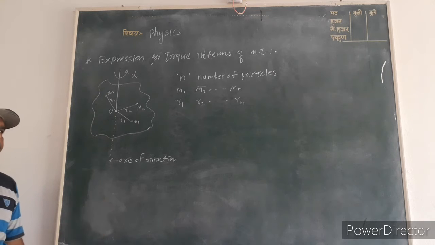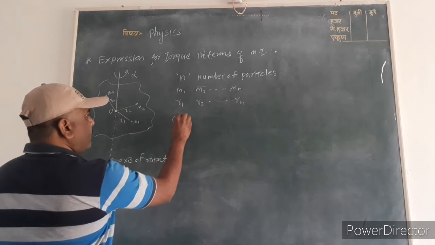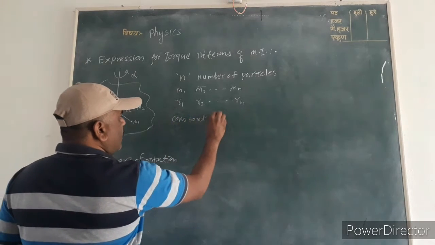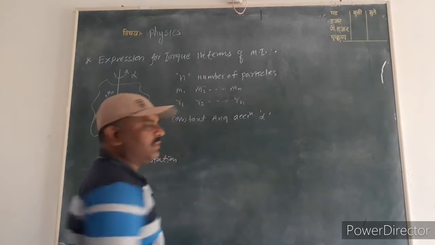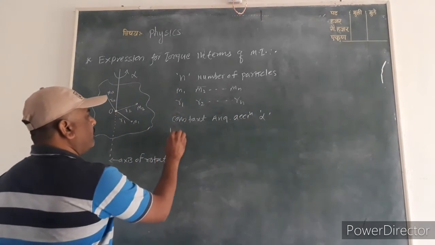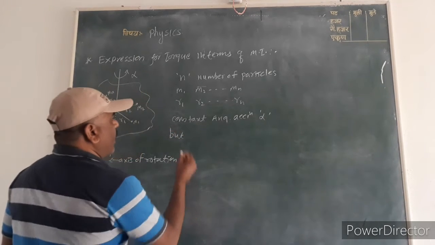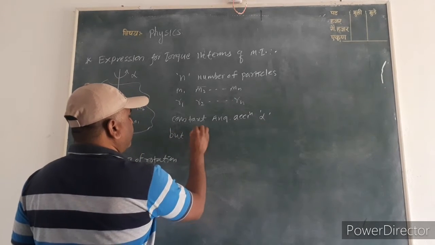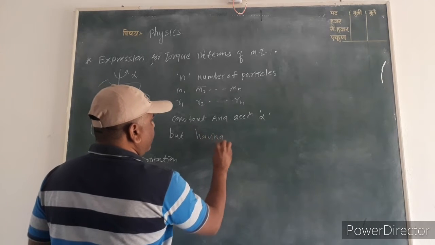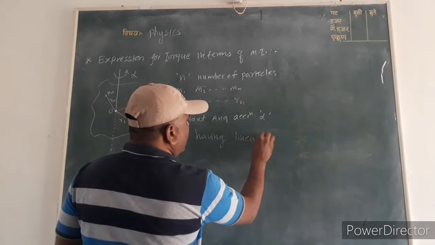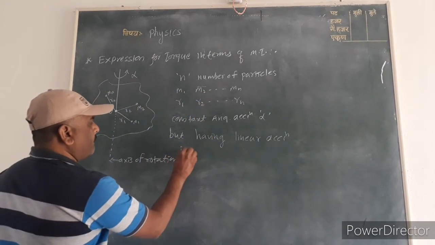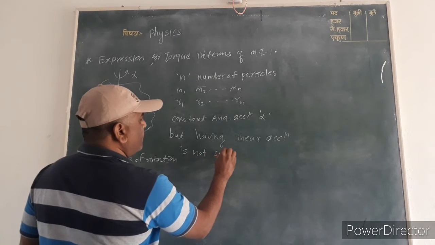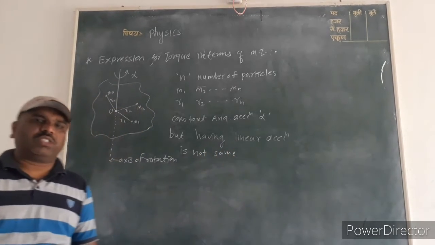This rigid body rotates with constant angular acceleration alpha, but the linear acceleration is not the same or constant.